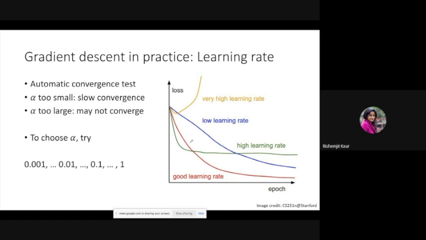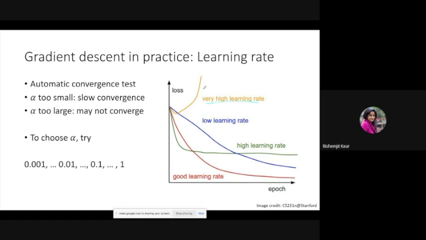Yeah, so this one here shows you the number of iterations, or epochs in this case because it's batch learning. It will show you how different learning rates will impact your cost function. If the learning rate is very high, instead of converging, it may just diverge. Your cost will keep on increasing with the increase in iterations.